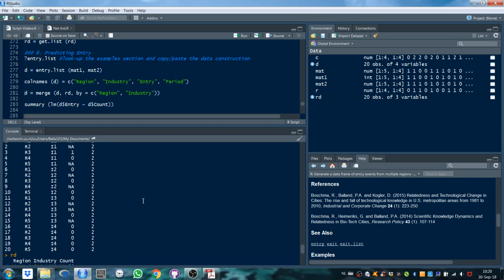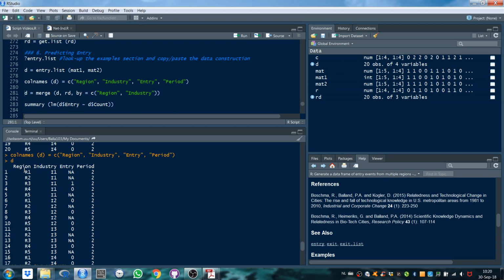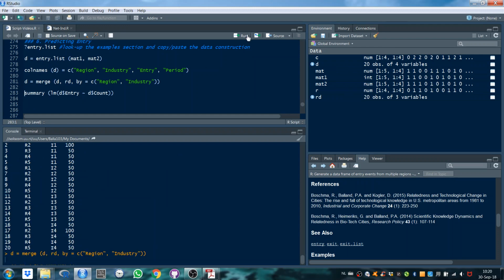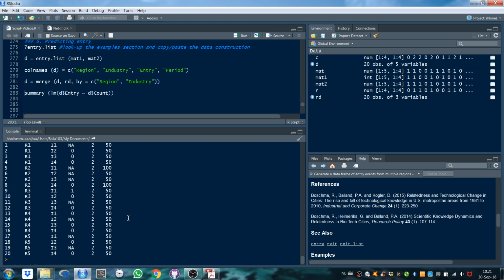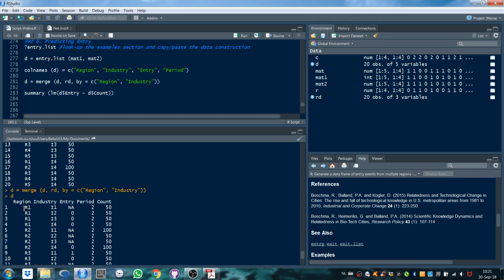So we're going to merge these two data sets, not by region, not by industry, but by region-industry. That's what you do here. We merge, and now what we get is an augmented data set where for every region-industry we have whether there's been an entry or not in a given period, and also our relatedness density count here. And we're going to use this variable to explain this one.